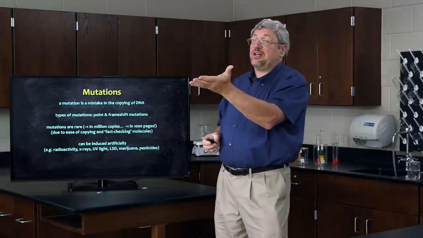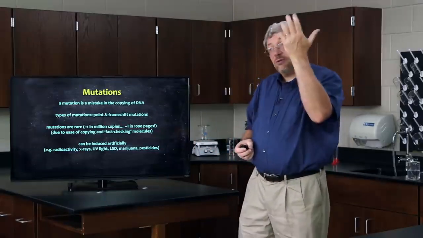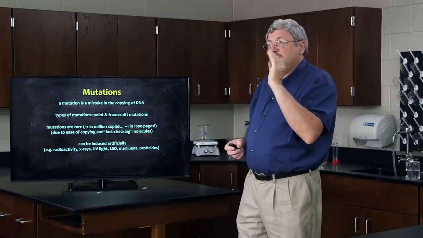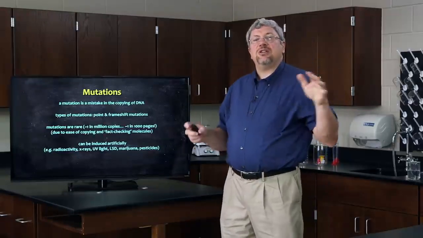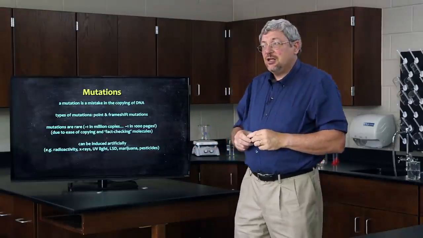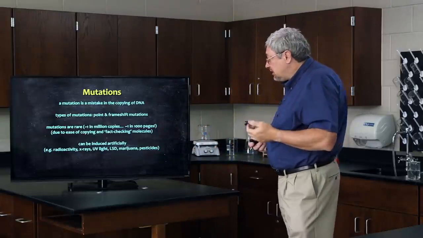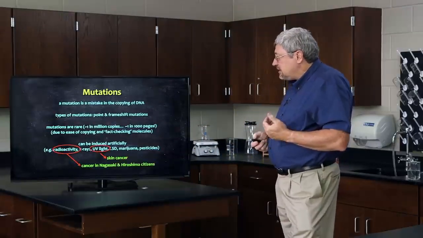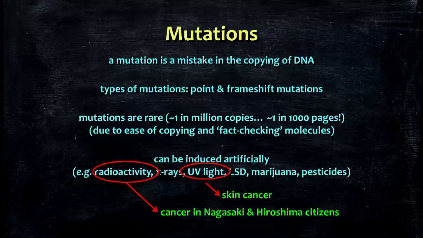If you lay out in the sun and get a suntan or a sunburn, mutations are induced in the skin cells of your body. And this can result later in life in cancer. In fact, backing up to the radioactivity issue, radioactivity can cause mutations which later can develop into cancer.